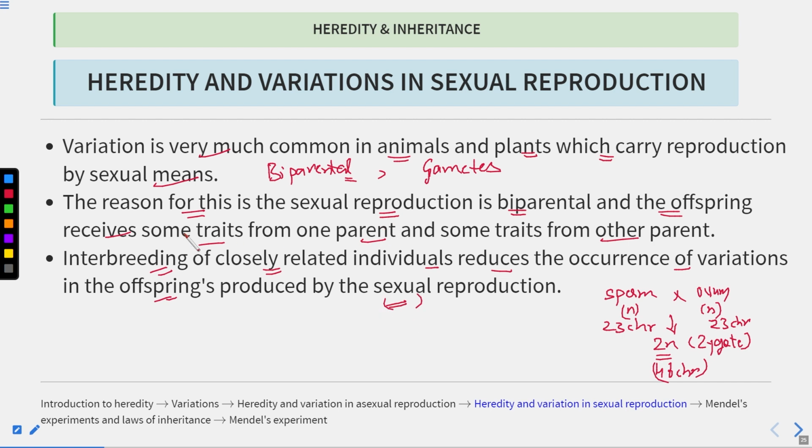Closely related individuals will have similar genetic material, or they will be genetically similar as compared to distantly related individuals. So this will reduce the occurrence of variations, because if they are closely related, they are quite similar at the genetic level. So it will reduce the variation. All right, clear?